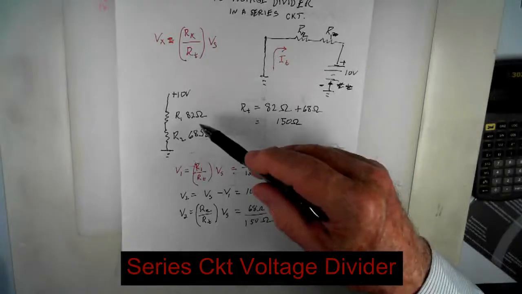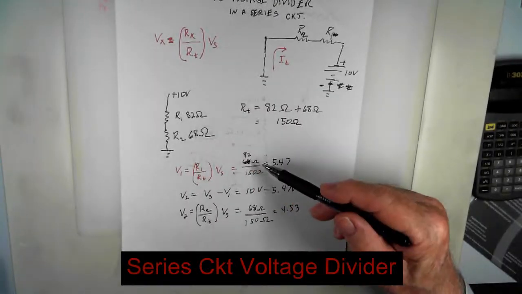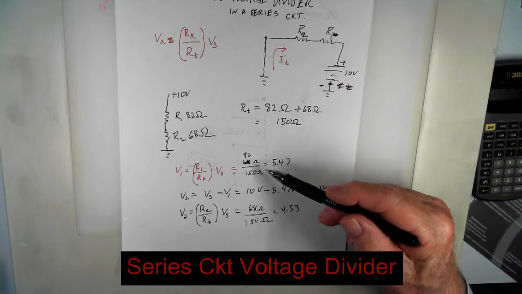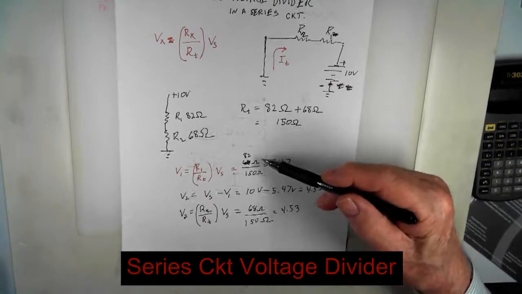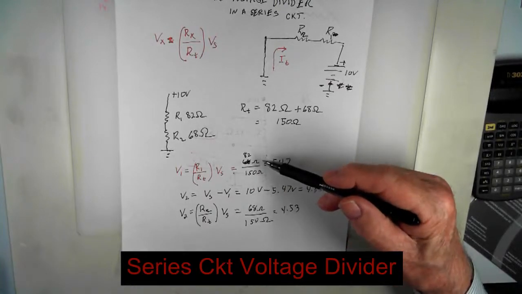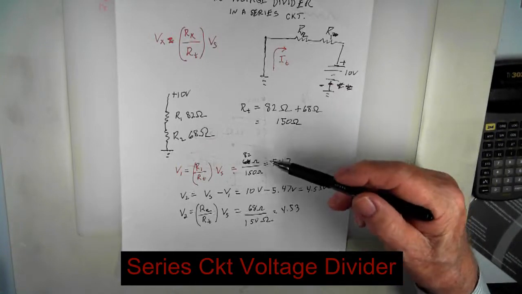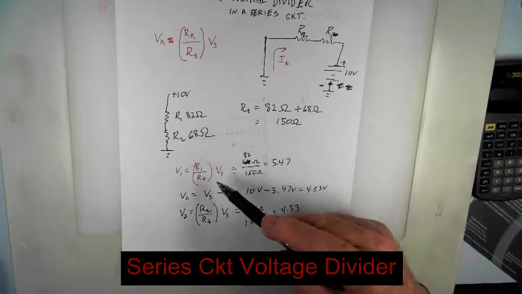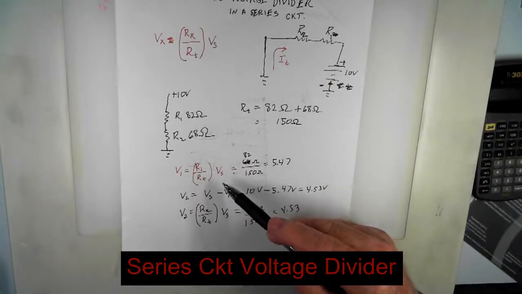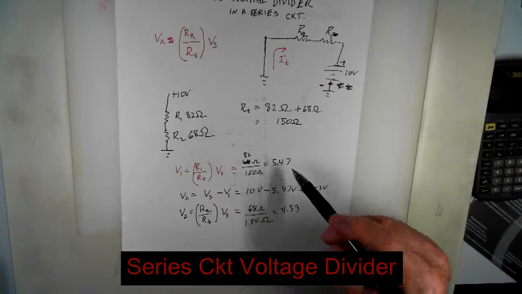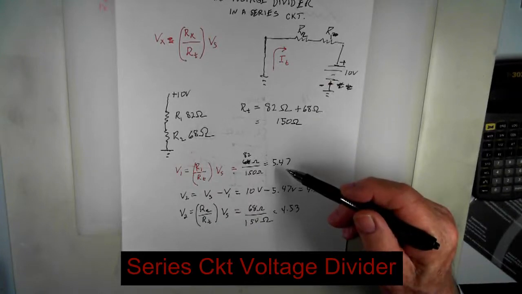Now our first resistor, R1, is 82 ohms. So I put the 82 ohms over 150. 82 is a fraction of the whole thing of 150. And in this case, I multiplied it times the voltage, which was 10 volts, and I got 5.47.